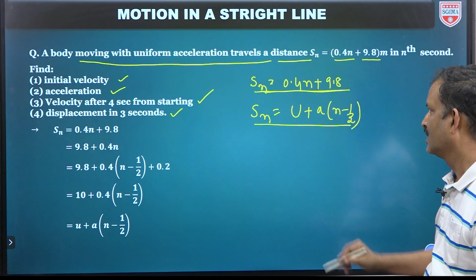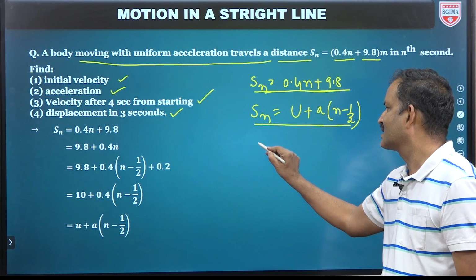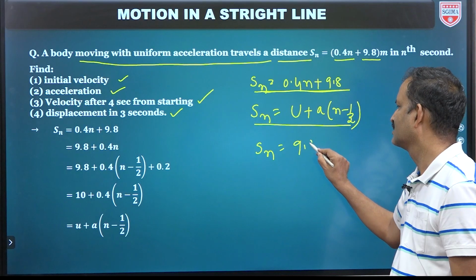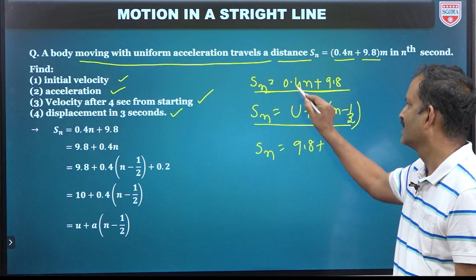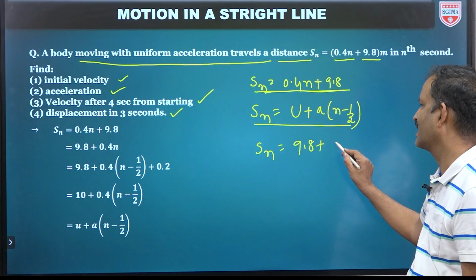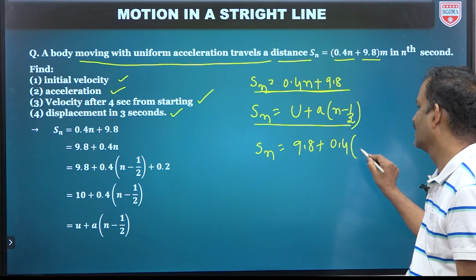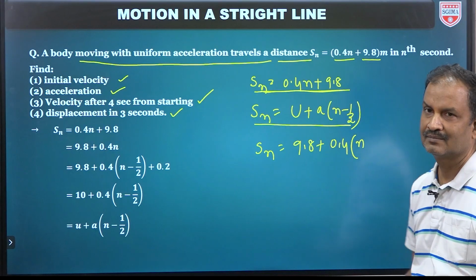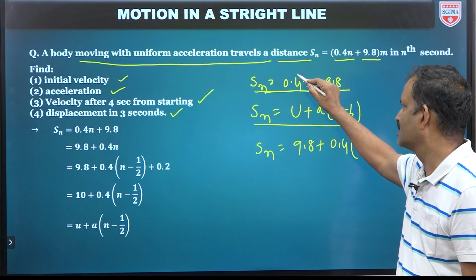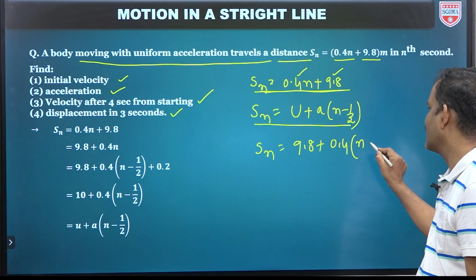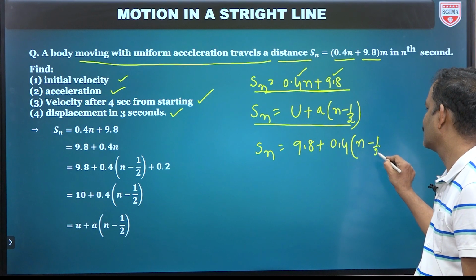How? First of all, Sn is equal to 9.8 plus 0.4 n. Then I write 0.4 common n, times (n minus 1 by 2).